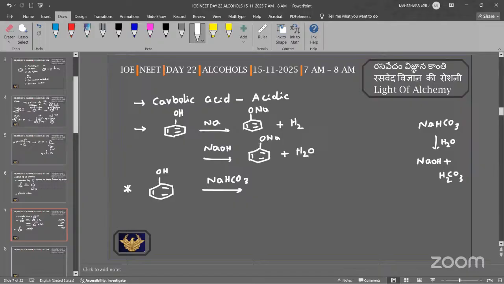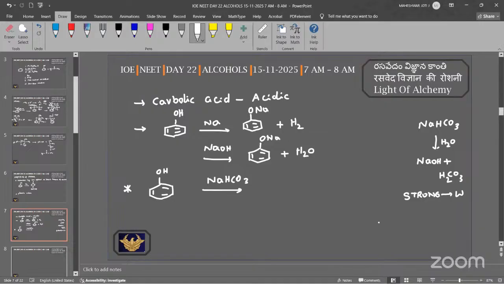So it is a salt of a strong base and a weak acid. See, a reaction always takes place from strong to weak, right? So the reagent should be strong. Then only is the reaction possible from reactants to products.